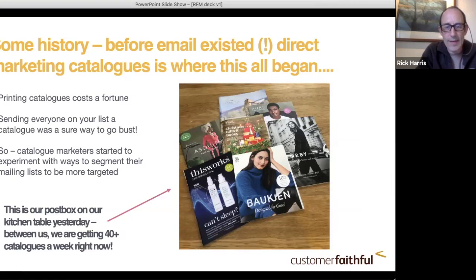And the trouble with catalogs, as you might guess, is they just cost a fortune. They cost so much money, not just to print and design, but also to mail. Even on MailSort, which is kind of commercial mailing rates, it'll cost you perhaps 30, 40 pence each just to mail it out. So if you're going to use catalogs, and that was what everyone had before email, it's a really expensive way to do your marketing.